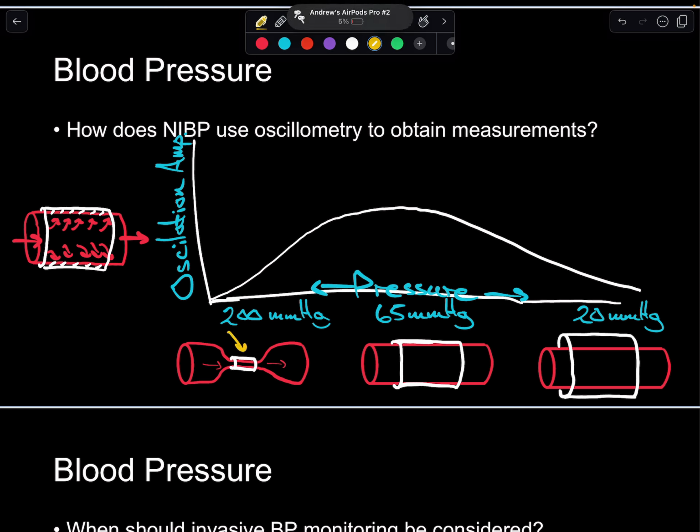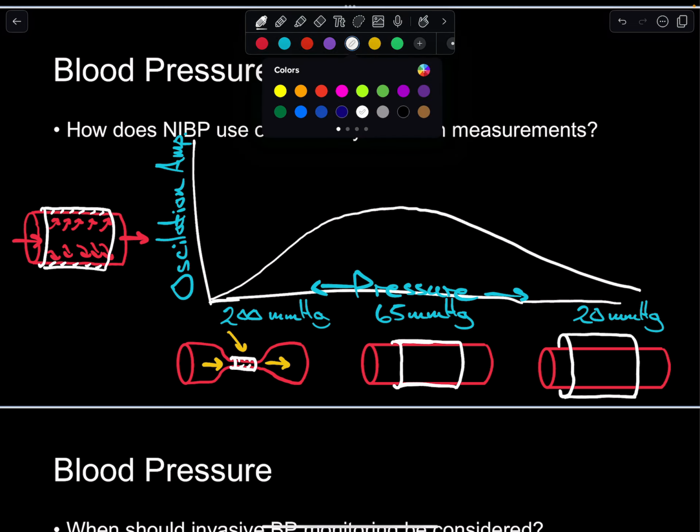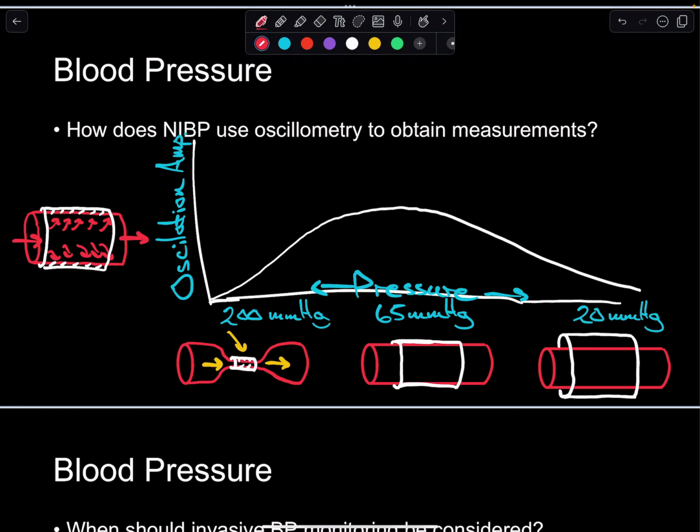Now you can imagine, because it's so tight and it's clamped down, there's very limited blood that can actually flow through the artery like this. There's not very much. So because there's reduced flow, the sensors that are here in the blood pressure cuff pick up a minimal or very small amount of oscillations that are occurring through that artery.